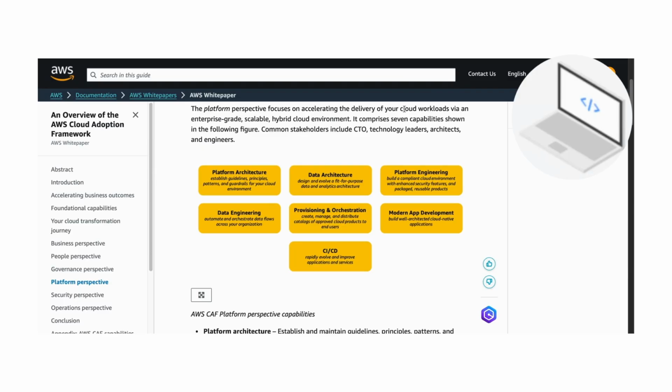The third capability is platform engineering, and this involves building a compliant multi-account cloud environment with enhanced security features and reusable cloud products. By automating account provisioning workflows and setting up cross-account security audits, you ensure that new accounts adhere to organizational policies.